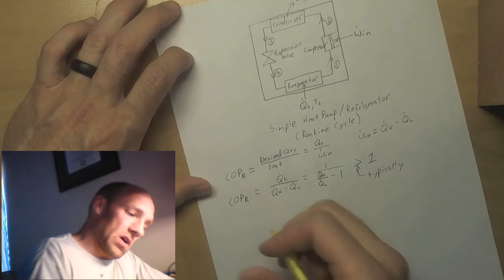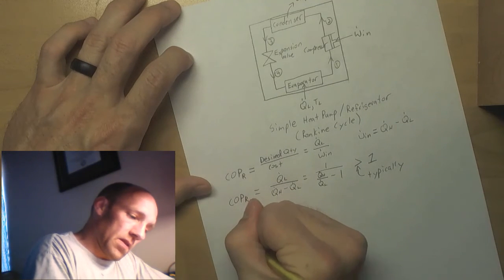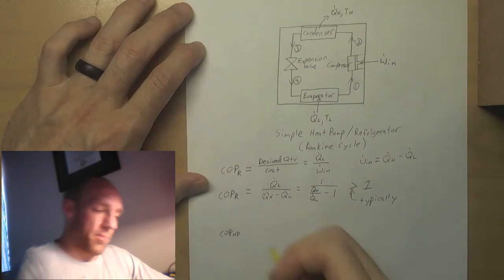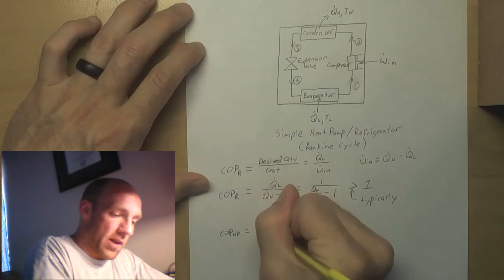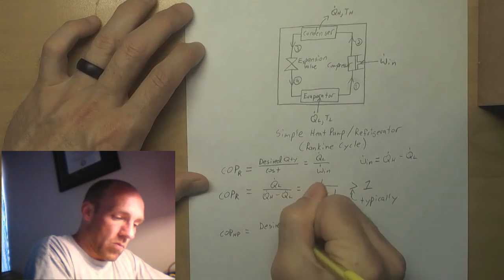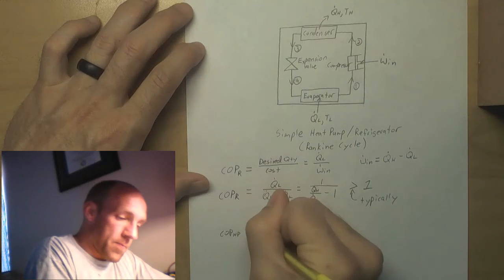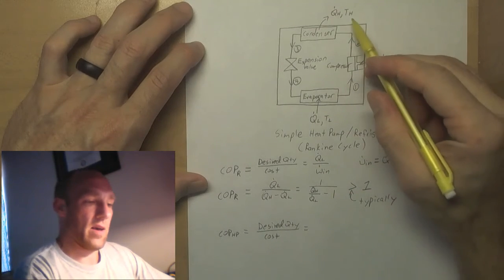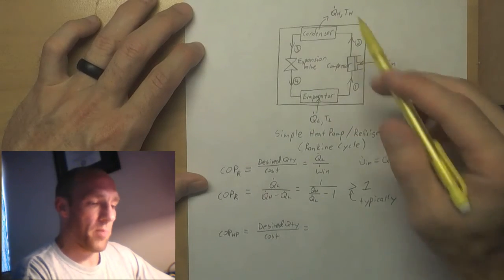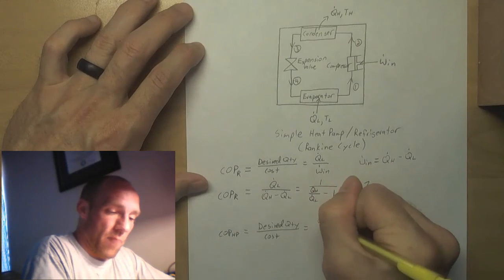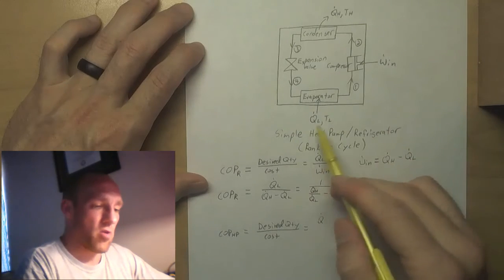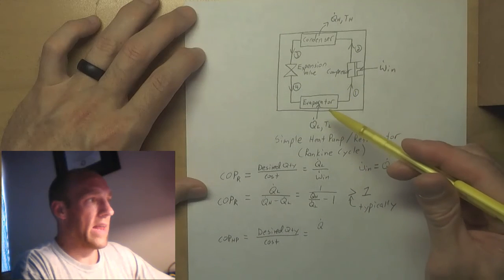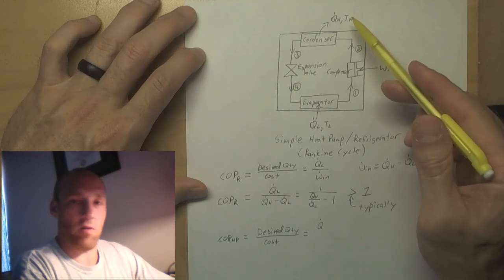Now, the COP for a heat pump, again, is a desired quantity divided by a cost. But in this case, a system that's called a heat pump is really just, the difference is I'm just interested in the other side. So I can use this same system, pulling in heat at the same temperature and rejecting it to the same temperature.